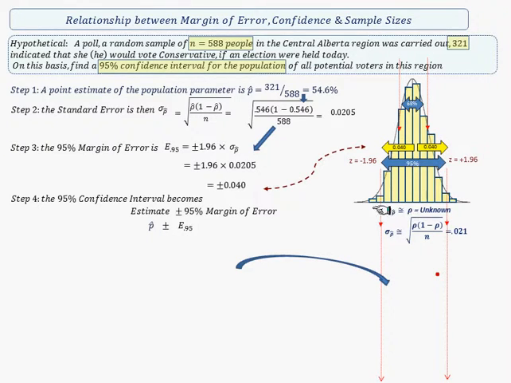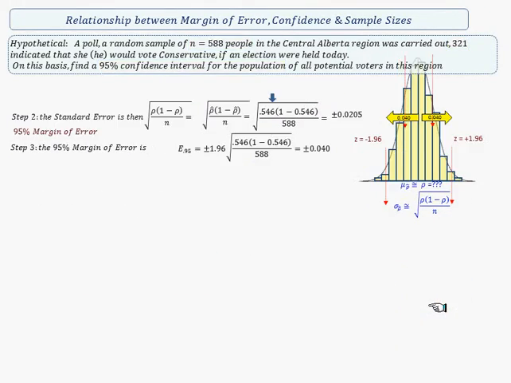We don't know where the true proportion is situated, but we have p hat of 0.546. We add and subtract the margin of error, giving us this confidence interval, 50.6% to 58.6%. And there's a 95% chance that interval will capture the true proportion.